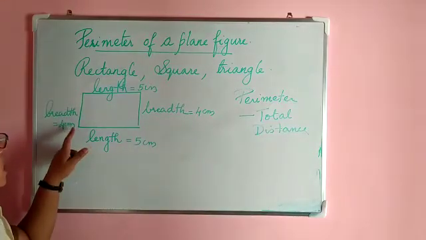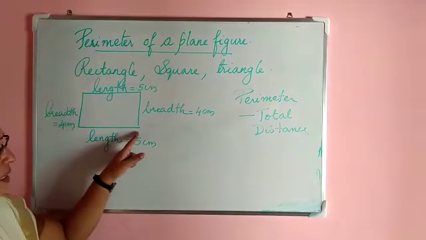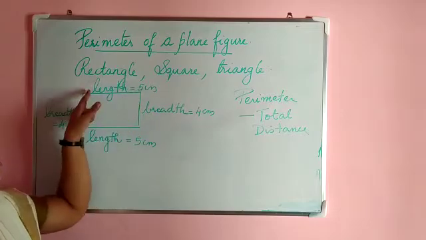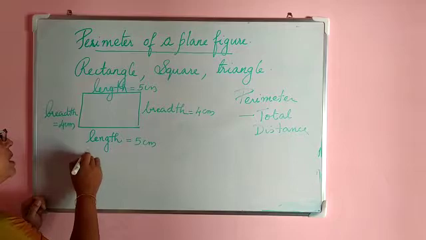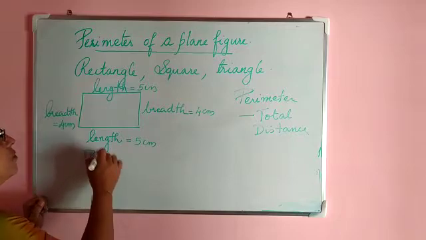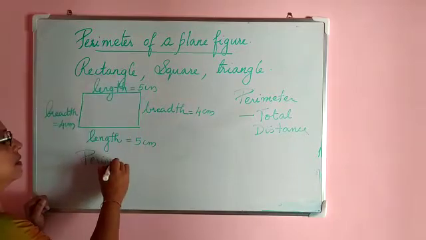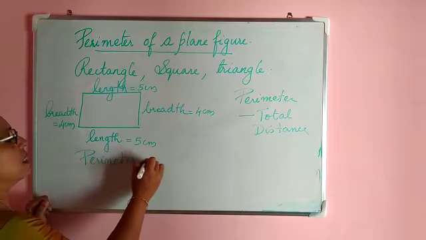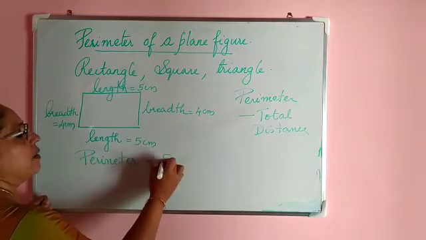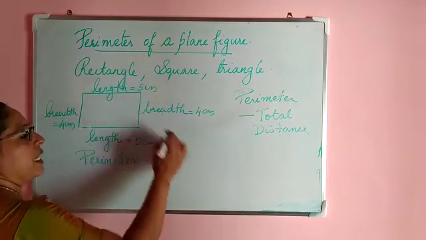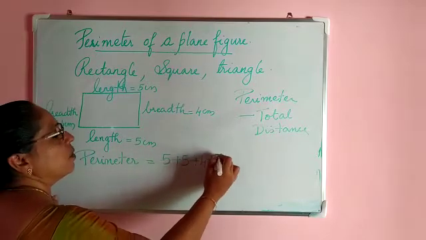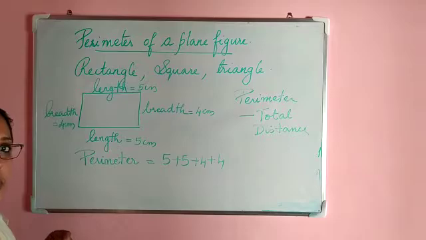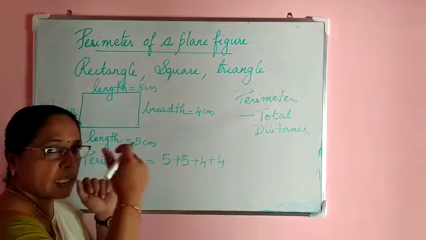Adding all the length and breadth sides gives the perimeter. So perimeter of this plane figure is equal to 5 plus 5 plus 4 plus 4. You can add it and get the answer.